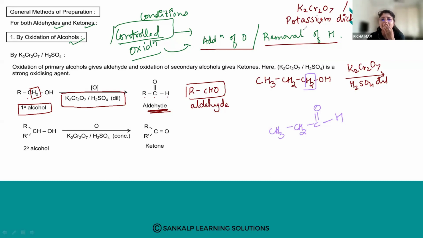I'll get a propanaldehyde. H2 is removed, so we got propanaldehyde. This can also be written as CH3CH2CHO. It has 1, 2, and 3 carbons, so it is a propanaldehyde. Is it clear now?